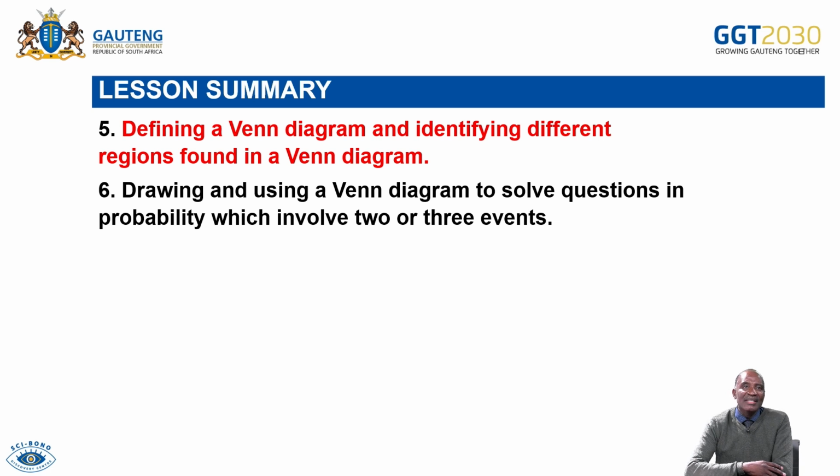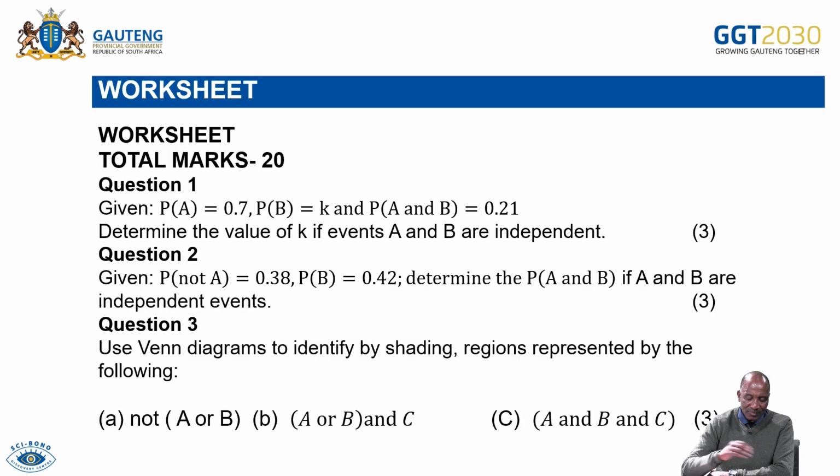We also defined a Venn diagram, which was discovered by John Venn, and identified different regions that are found in a Venn diagram. And we also drew a Venn diagram where 3 sets were involved, or 3 events were involved, that had some relationships of some kind, to avoid double counting.